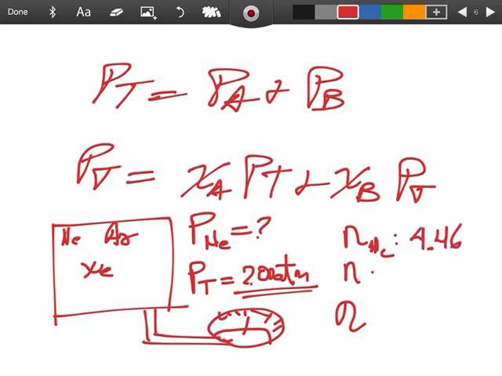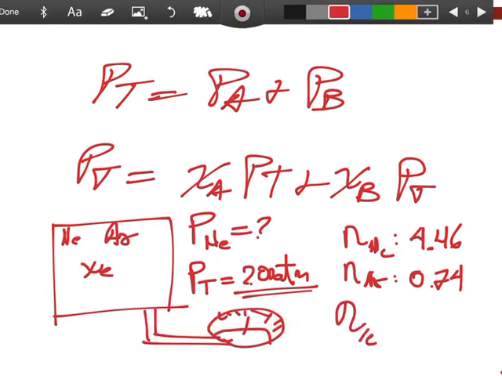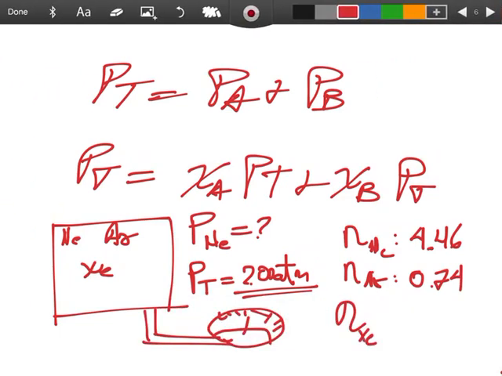For argon, I have 0.74 moles, and for xenon, I have 2.15. So those are the numbers that the problem gives me.